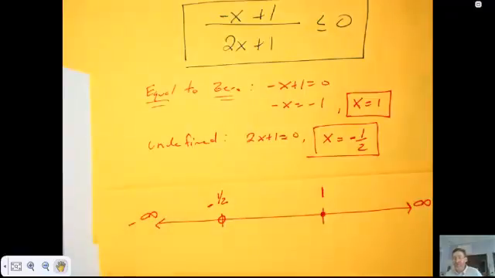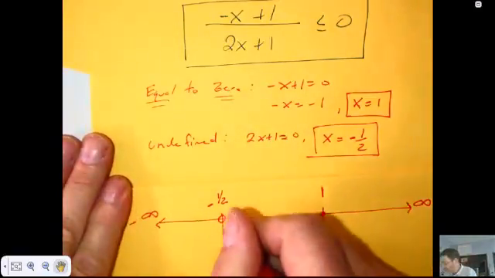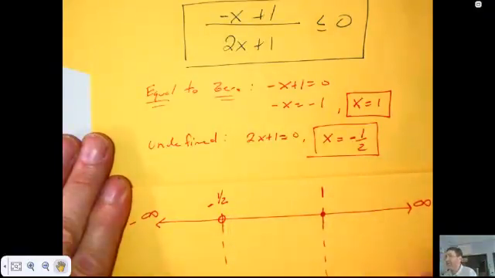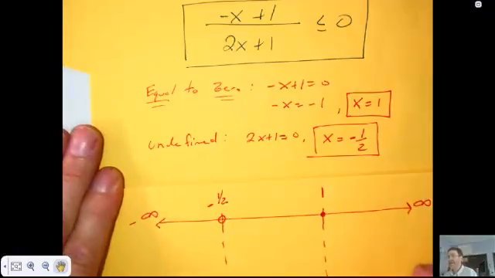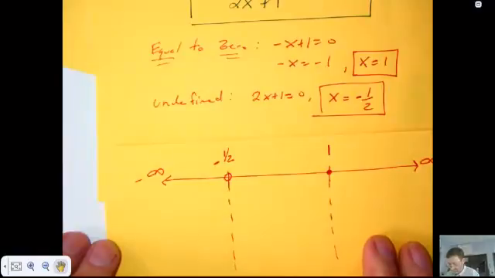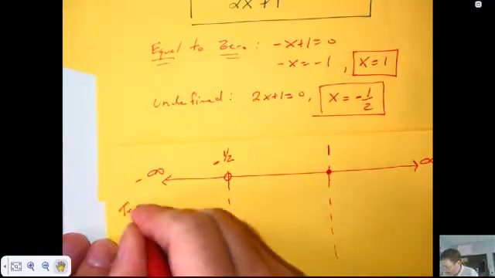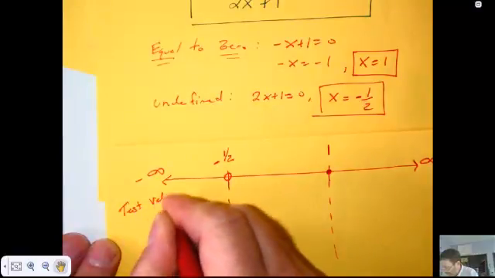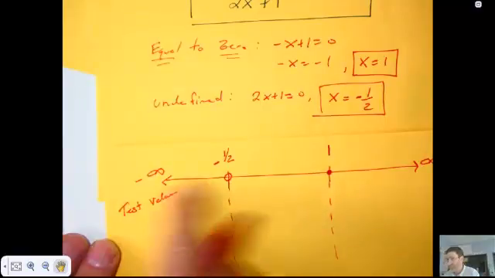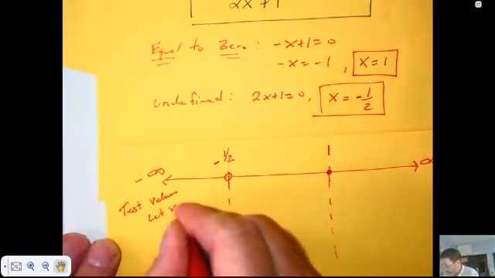Finally, this gives me these intervals. And in these intervals, this expression is either positive or negative. And so we use test values to figure out which one it is. So, test values: we need to pick a value and see what it is. What would be a good test value in this interval? Negative 1. We're going to let x equal negative 1.